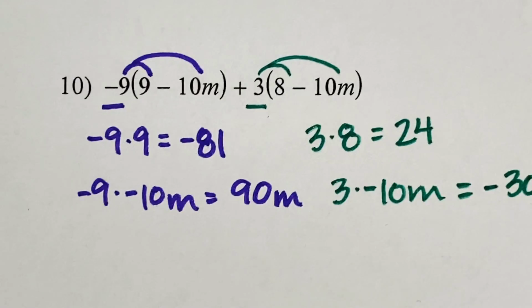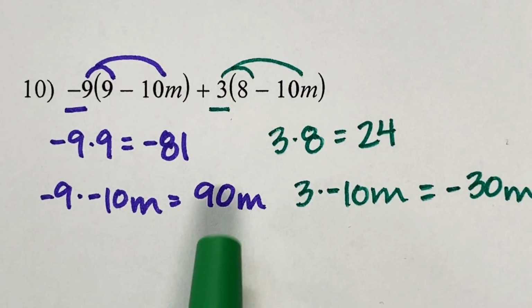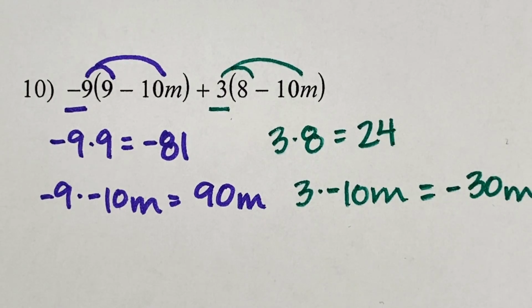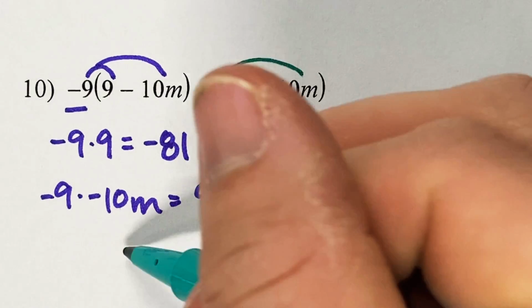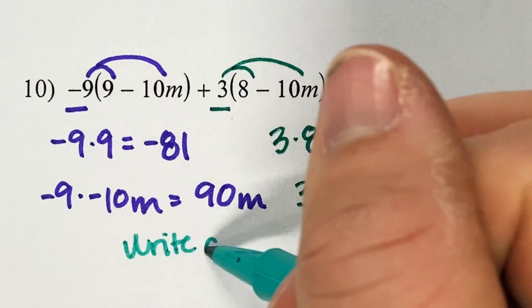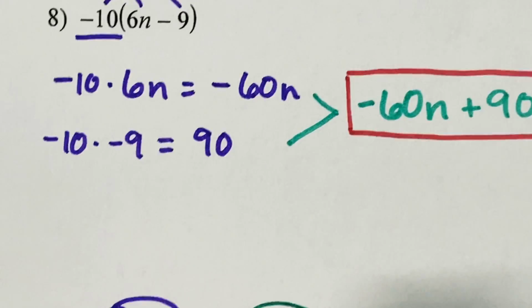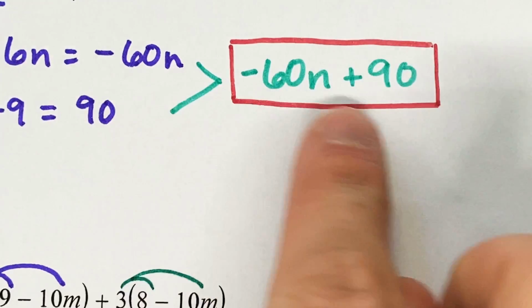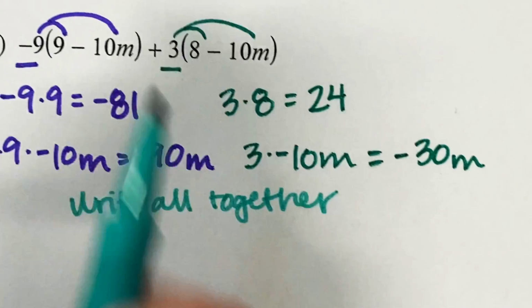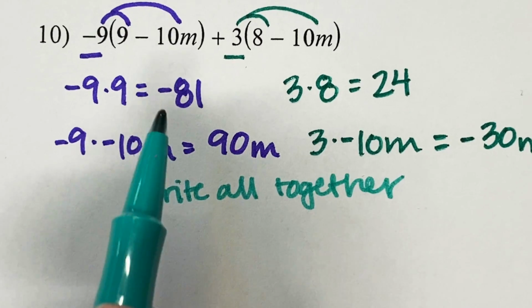Okay, so we have all of our pieces, right? Negative 81, 90m, 24, negative 30m. Okay, so now our next step is just rewrite them all together, just like we were doing up here, right? We have all the pieces, just write them together. Same thing, now we just have 4 pieces. So I'm just going to rewrite them.